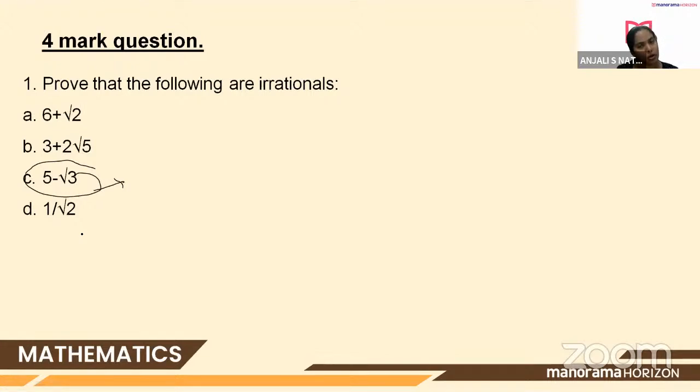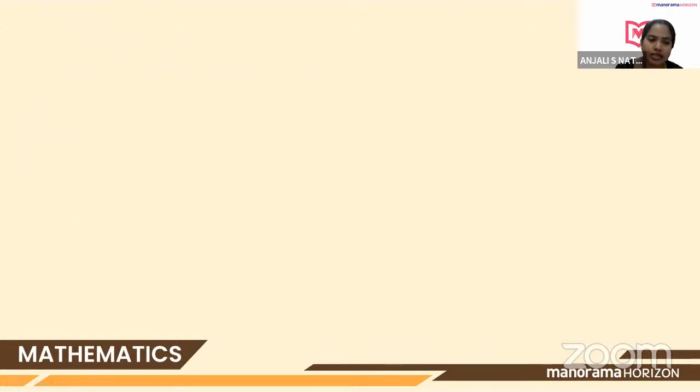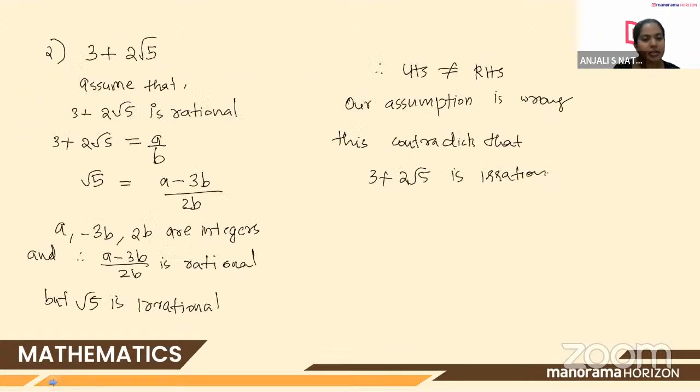So LHS is not equal to RHS, so our assumption is wrong. If our assumption is wrong, then what is right? Our first statement, that 5 minus root 3 is an irrational number. The proof is very simple. If you study how to prove one number, then you can prove every number. The same method continues for every number.